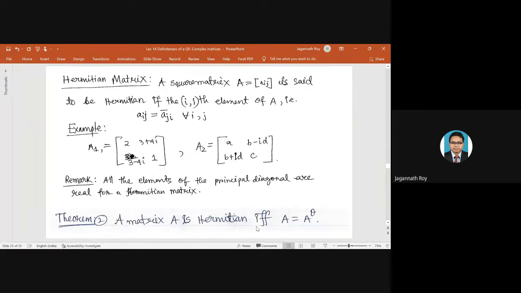Now what is a Hermitian matrix? With these notations, a Hermitian matrix is a square matrix. First of all, it is a square matrix.